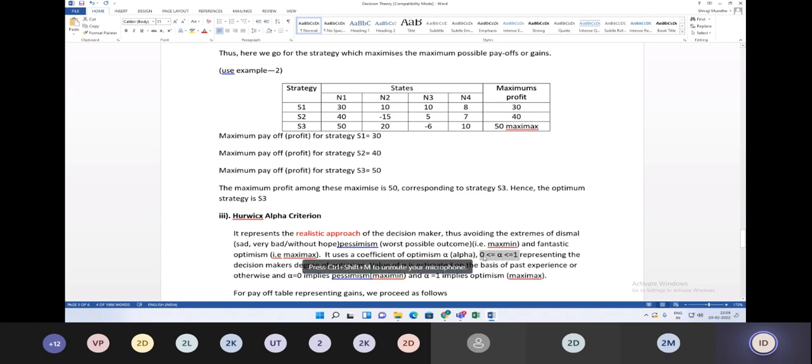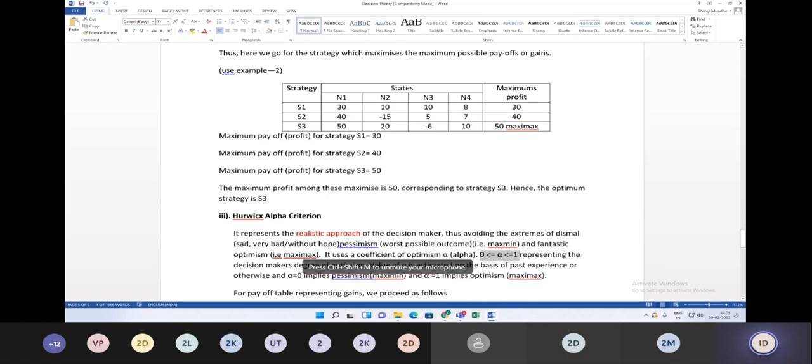Keep this in mind. Sometimes they may ask, in the realistic approach or Hurwitz alpha criterion approach, what will be the value of alpha. So this is the range of alpha.